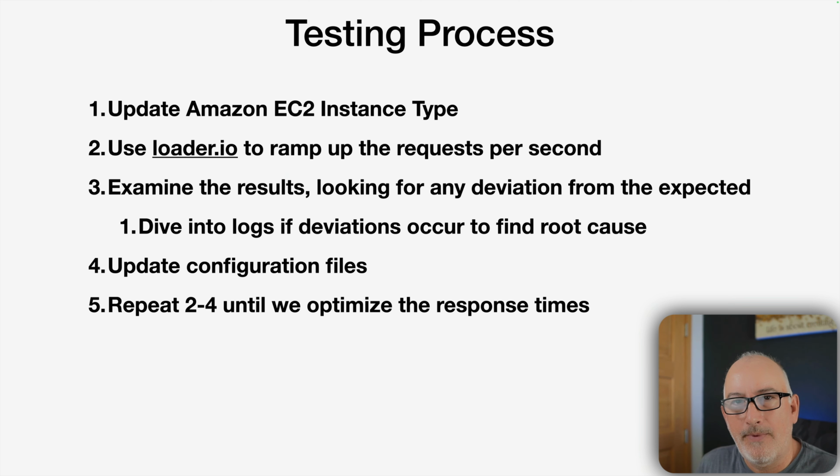And if I find a root cause of why the deviations are happening, then I would fix those and rerun the test. Otherwise, I'm going to update the configuration files, Nginx and PHP-FPM, and then I'm going to repeat those steps over and over again until we maximize our response times.